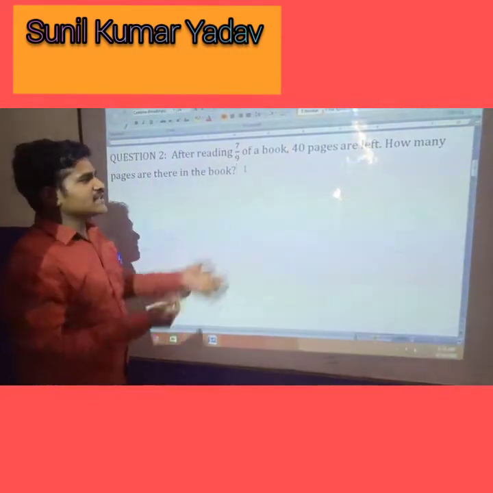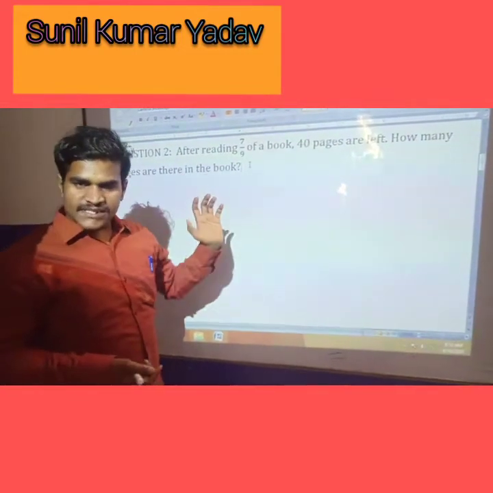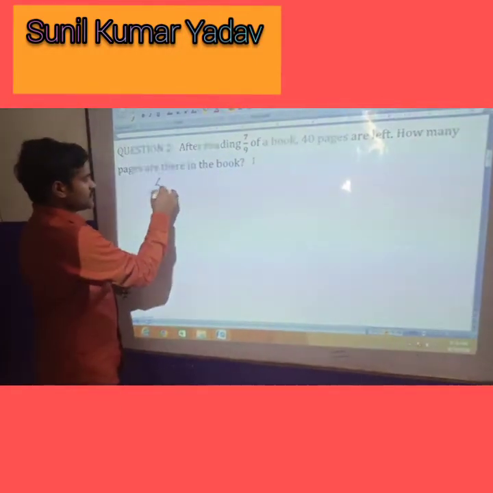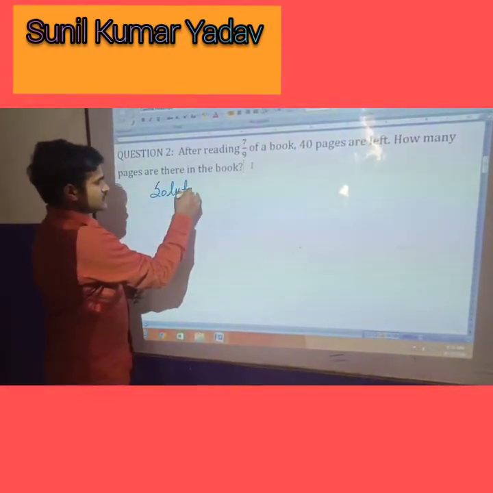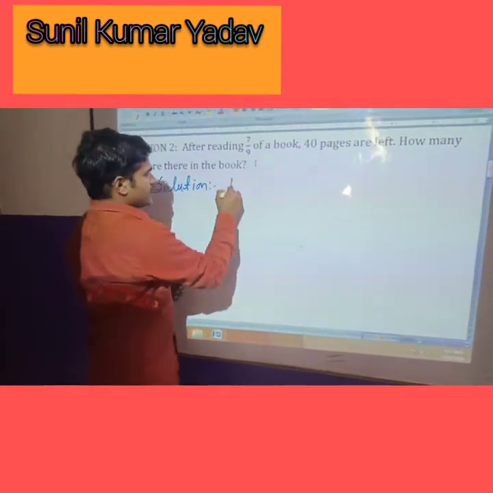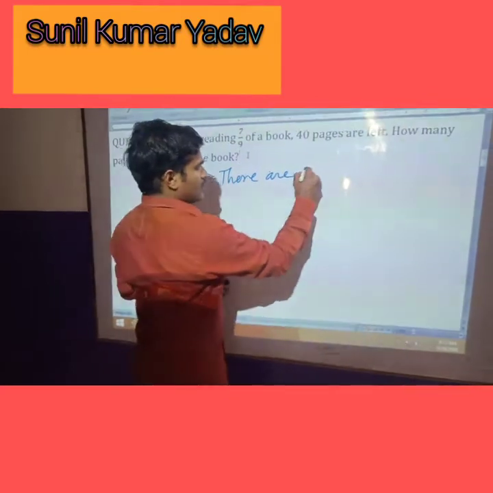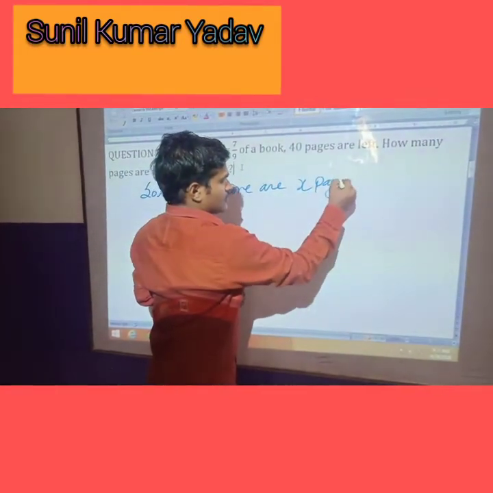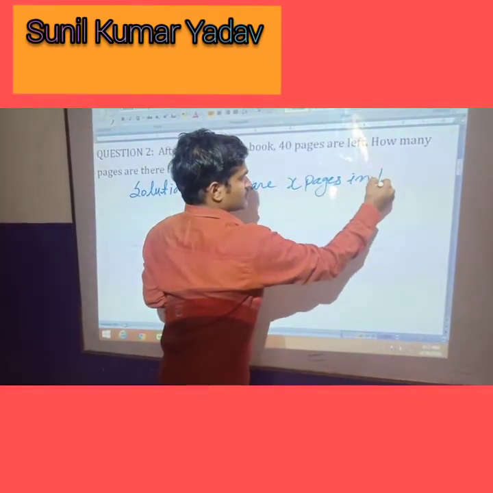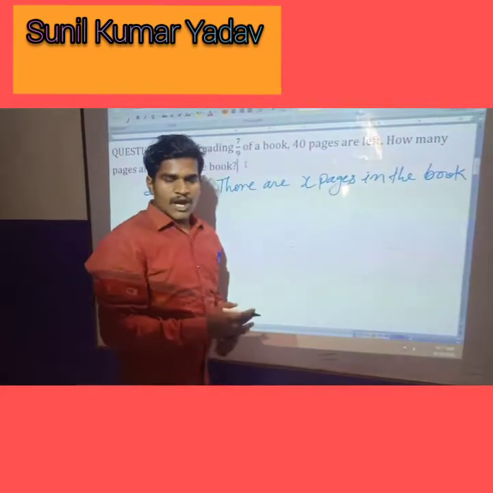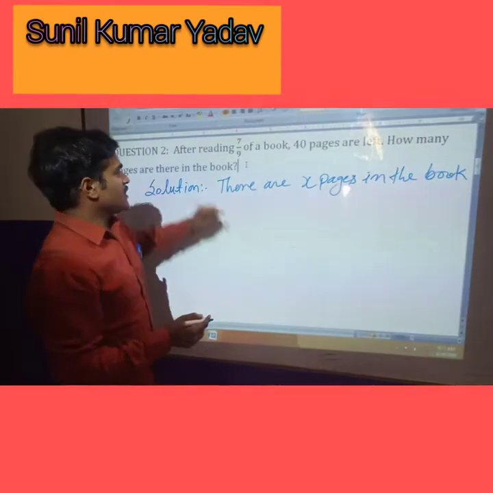So let us consider there are x pages. Any variable we can consider. So in the solution, there are x pages in the book. How many pages? x pages. Okay.